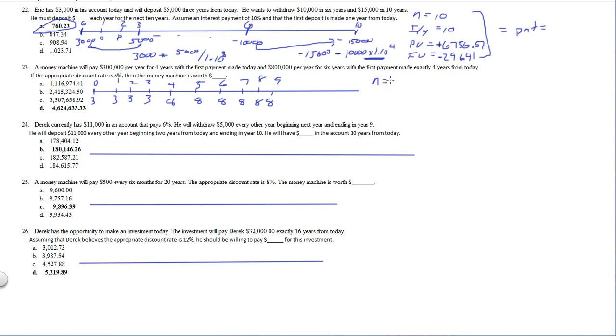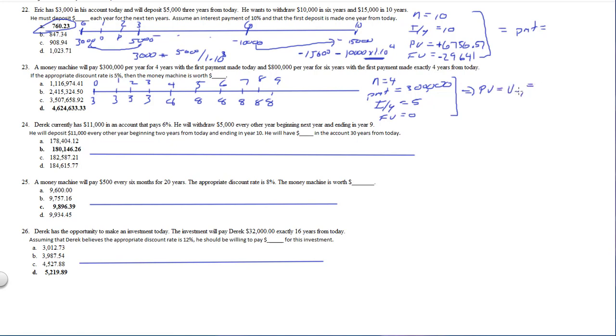So N is equal to 4. Payment is equal to 300,000. Interest rate is 5%. Future value is equal to 0. Plug this in. Find the present value, which is the value at year minus 1.